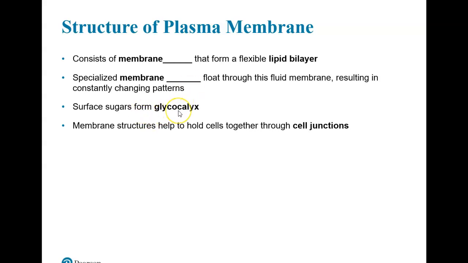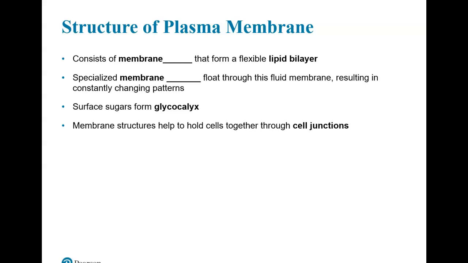We're also going to see sugars, which are referred to as glycocalyx. These are carbohydrates that attach to cell membrane structures. Within the cell membrane, there are also structures that help hold the cells together through cell junctions. These could be structures known as desmosomes, which prevent the cells from being pulled apart.